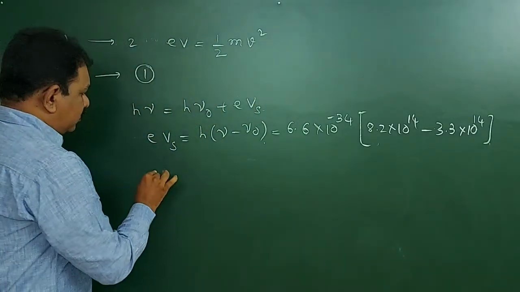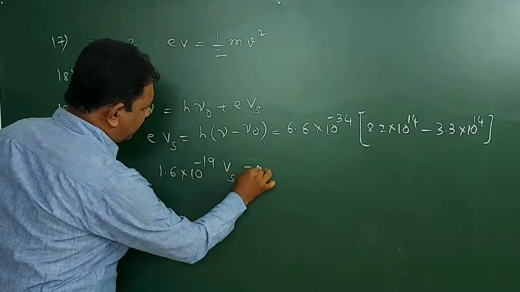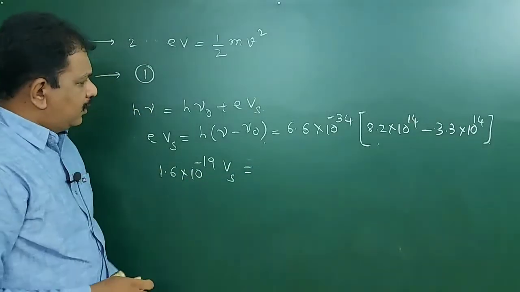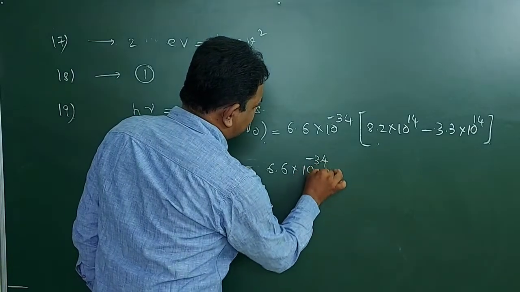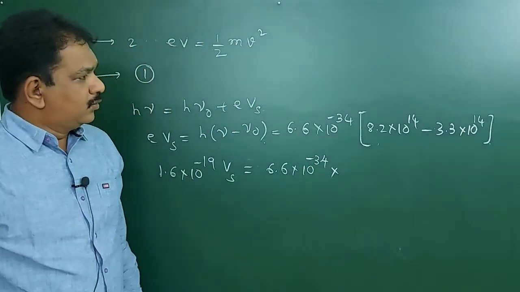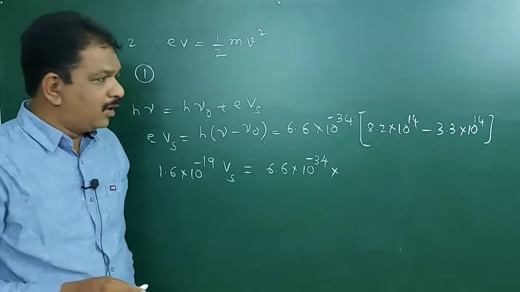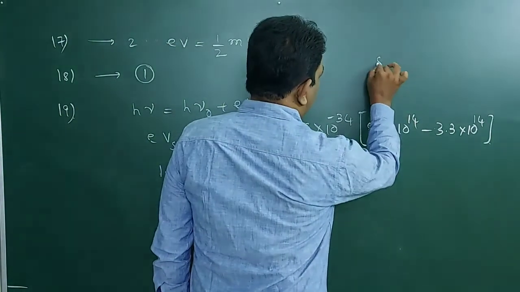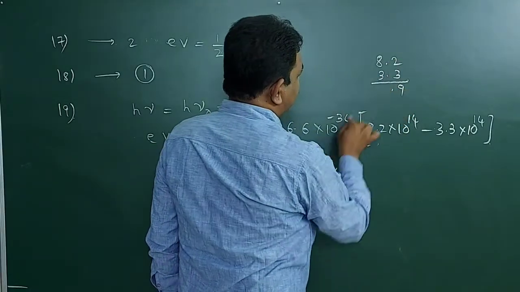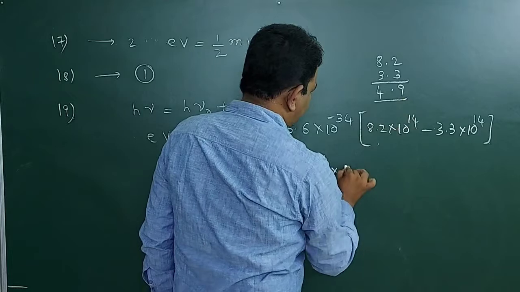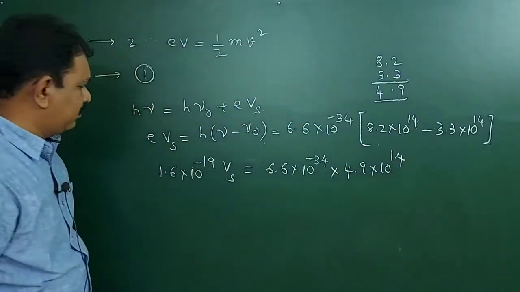The e value will be 1.6 into 10 power minus 19 in the denominator with this 6.6 into 10 power minus 34. So 8.2 minus 3.3 will be 4.9, that is 4.9 into 10 power 14.